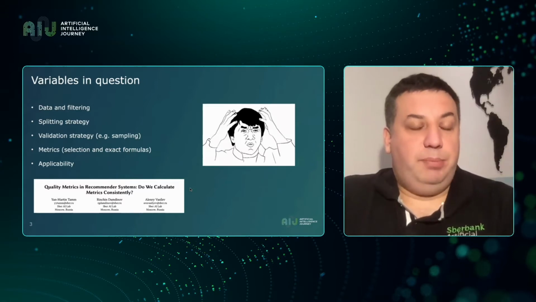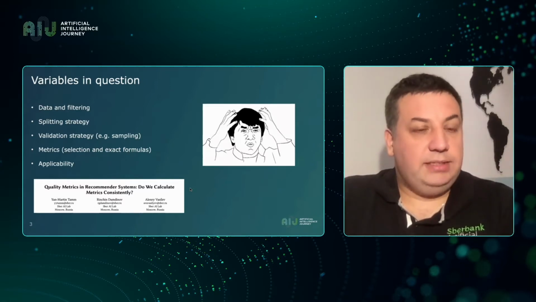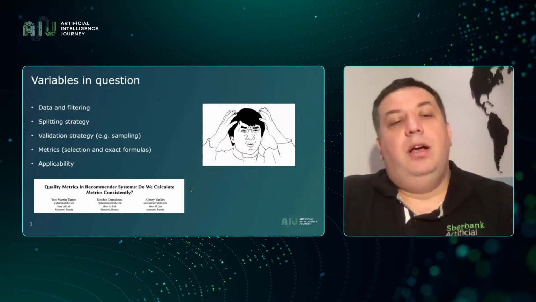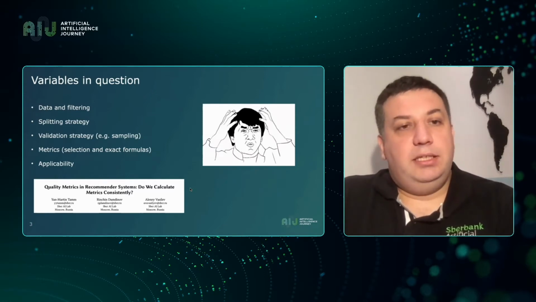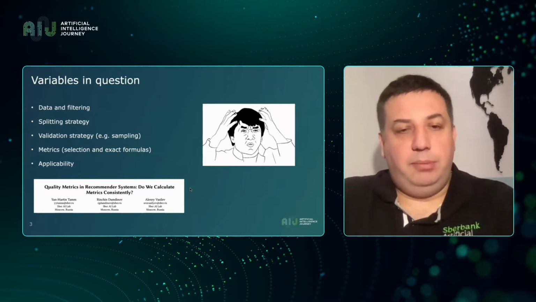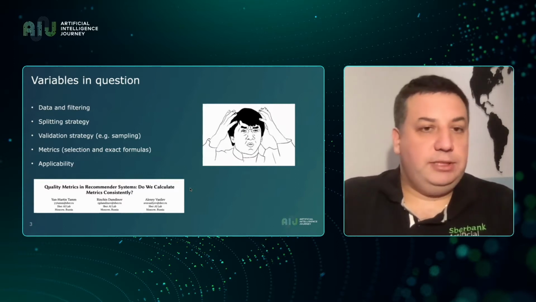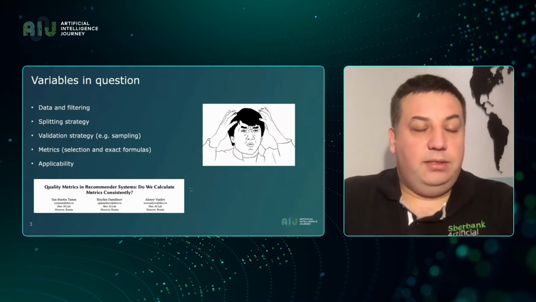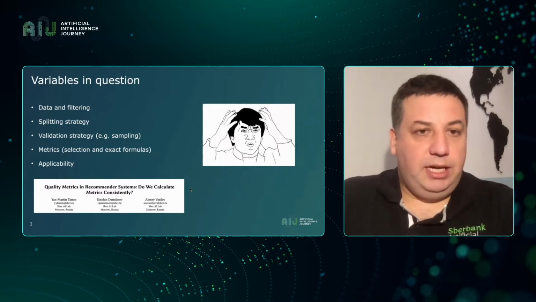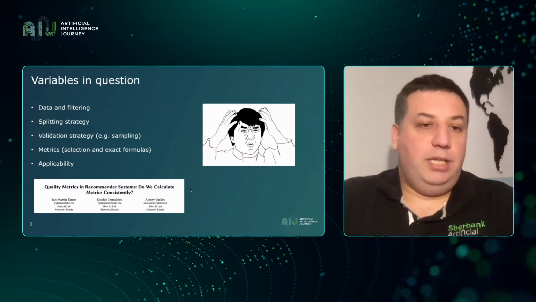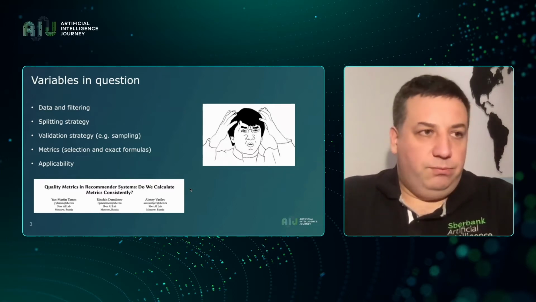In addition to that, one of the important things is to select metrics which you will use to compare algorithms. As a matter of fact, for recommendations there is a variety of metrics, and there is no one particular metric that is considered optimal, because it all depends on the task that you're solving. In addition to standard quality metrics, there are diversity metrics that are also important for recommendations.